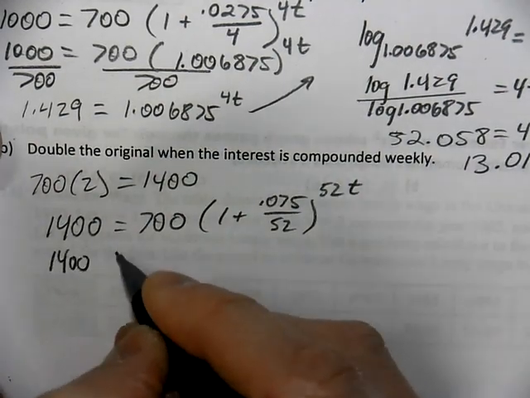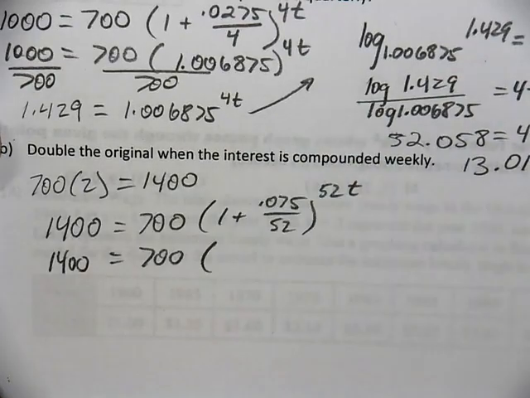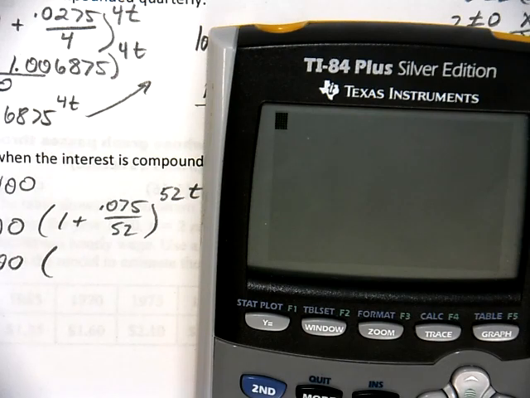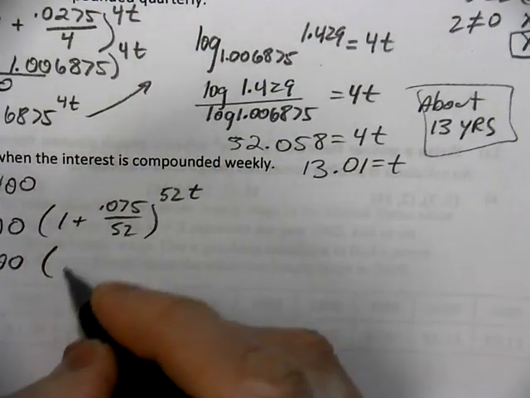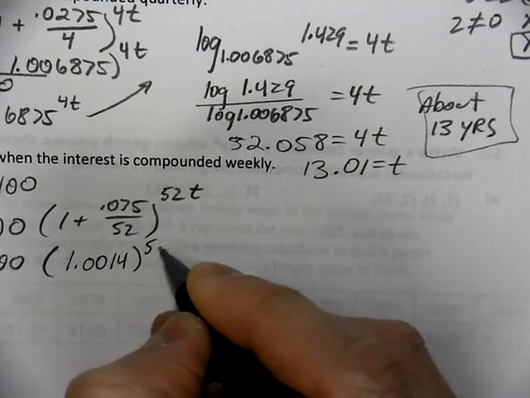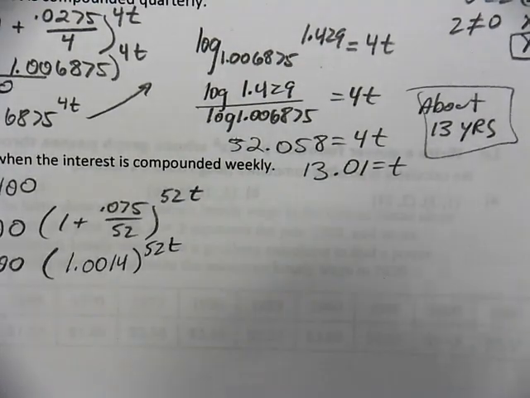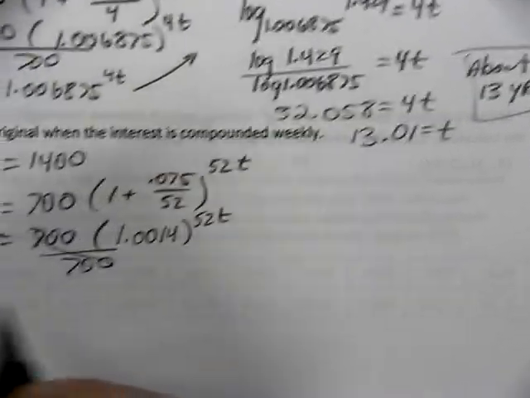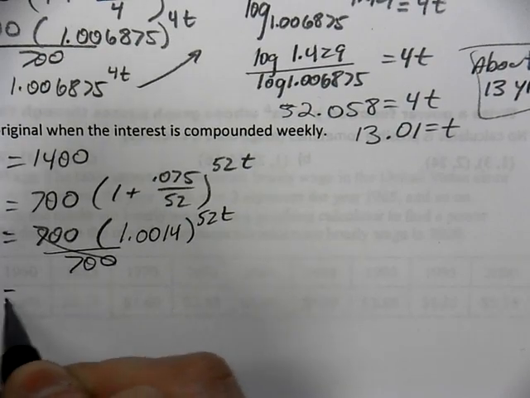So we have our 1,400. We'll take our calculator and do 1 plus 0.075 divided by 52, and we'll get 1.0014. We don't want to lose that number. Now we'll divide by 700, and that just comes out to be the number 2.